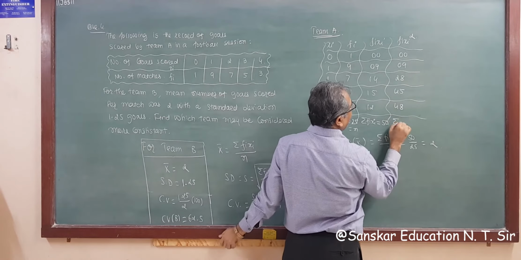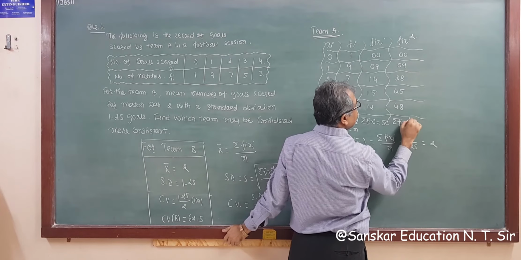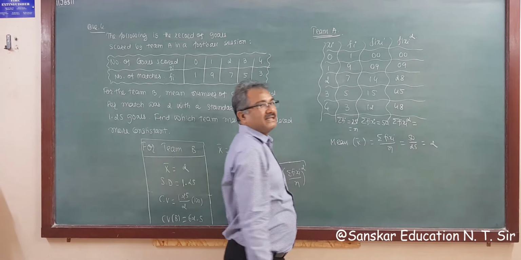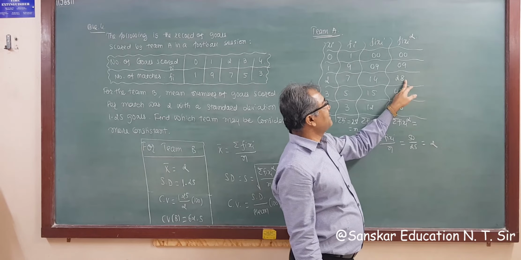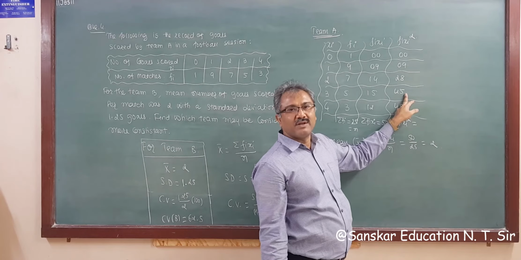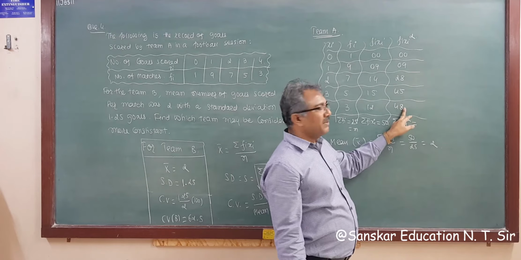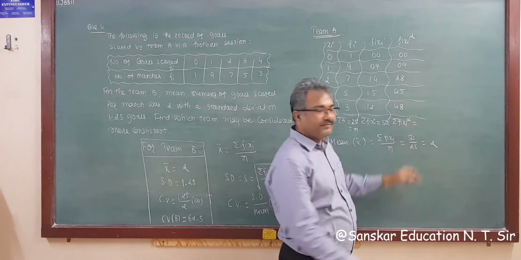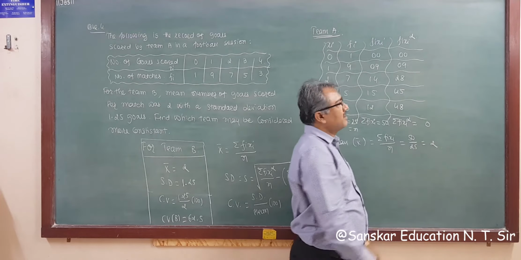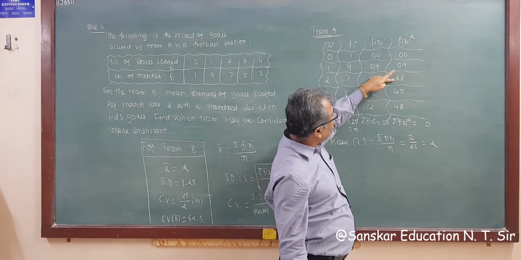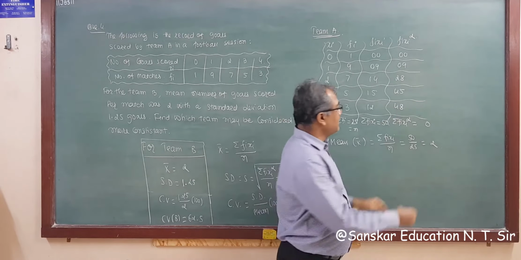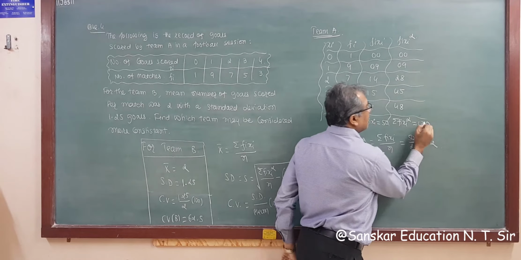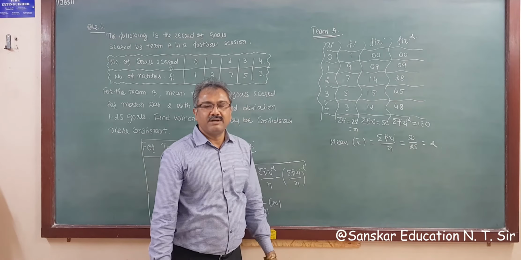So sigma fi xi square is the sum of these: 9 plus 28 is 37, plus 45 is 82, plus 48 is 130. So the answer is 130, right?